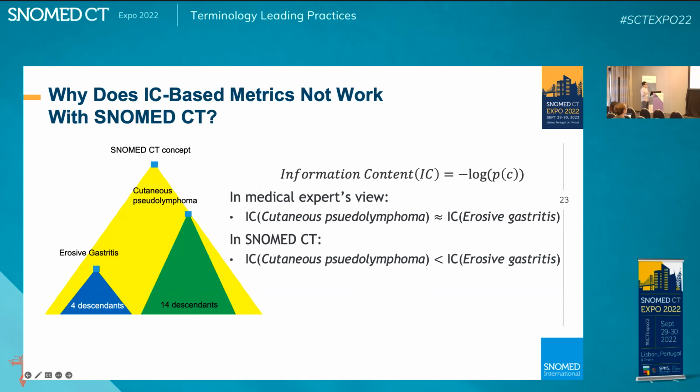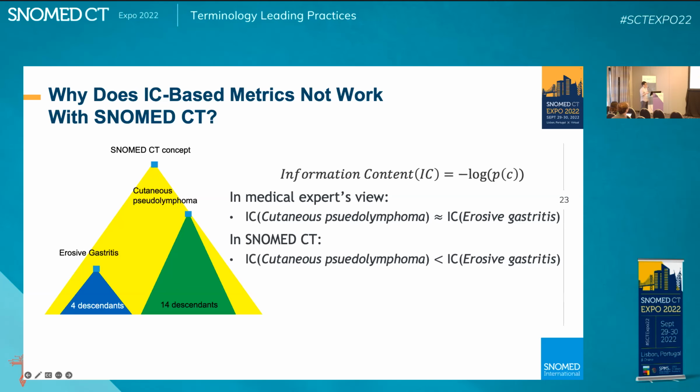And then, why does the IC-based metric not work with SNOMED CT? As you have seen in the previous slides, the information content is defined as the inverse log of the probability of a concept occurring along with its descendants in the ontology. For example, when we measure the information content of cutaneous lymphoma and eosinophilic gastritis, medical experts may consider the information content of the two diseases to be similar because each disease has its own pathophysiology, epidemiology, or treatment modality.